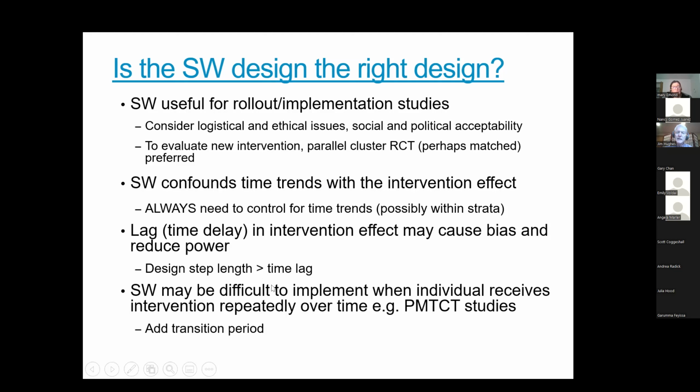Stepped wedge can be difficult to implement when the individual receives the intervention repeatedly over time. One example that I've run into a lot is prevention of mother-to-child transmission of HIV. A mother will be enrolled during pregnancy and receive some intervention during pregnancy, and the outcome is the infant being born HIV uninfected.